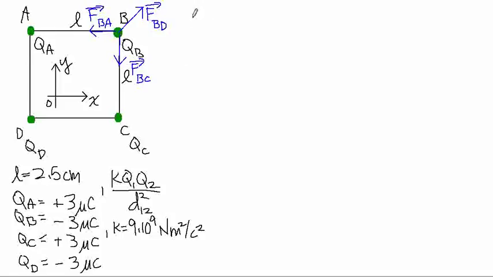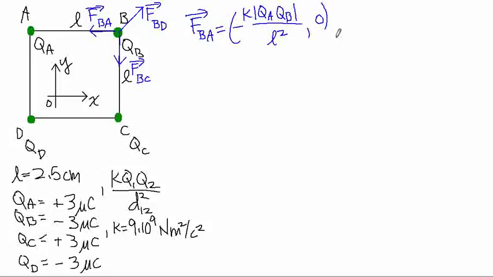So F sub BA is going to be a vector with a negative x component and a 0 y component. So that is equal to K times the absolute value of QA QB divided by L squared, and let me remember to put a minus in front, comma 0. Right?